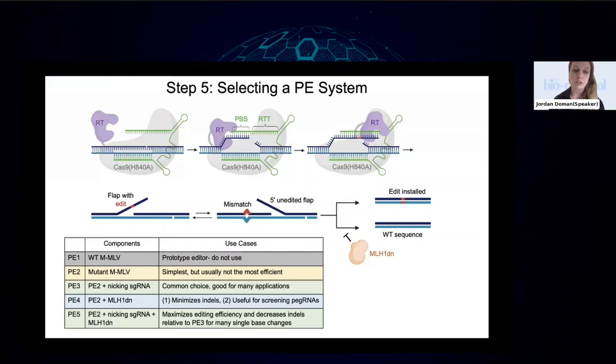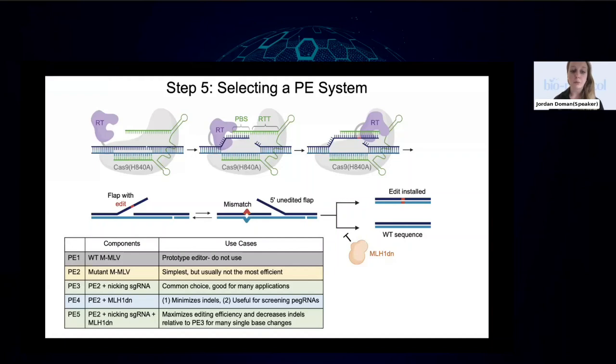So like we mentioned in the silent edit slide, MLH1DN, or mismatch repair in general, really recognizes these single mismatch mutations. So if your target edit is a SNP, it's very likely that MLH1DN will help. If you're doing a longer insertion or a longer deletion, it's less likely that MLH1DN will help. I think our cutoff is like 4 to 5 base pairs usually.